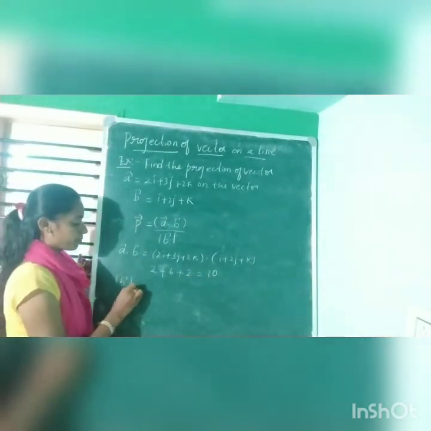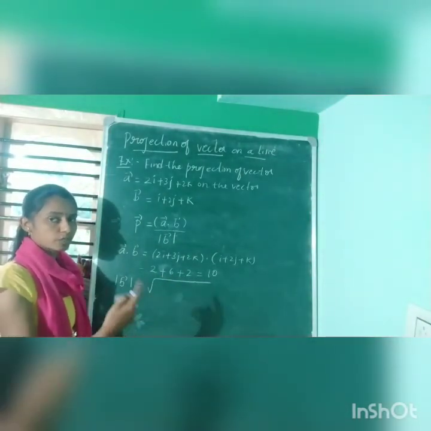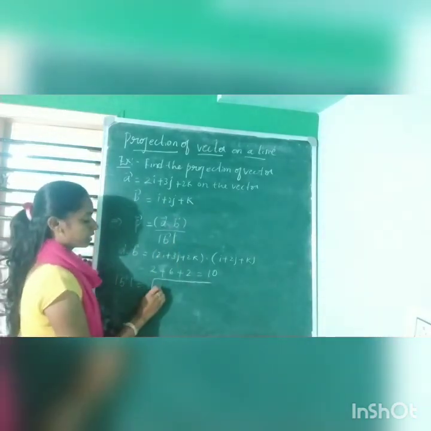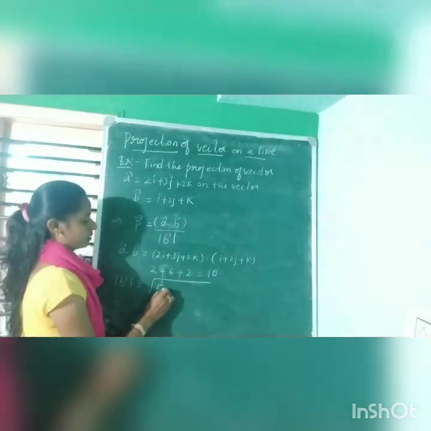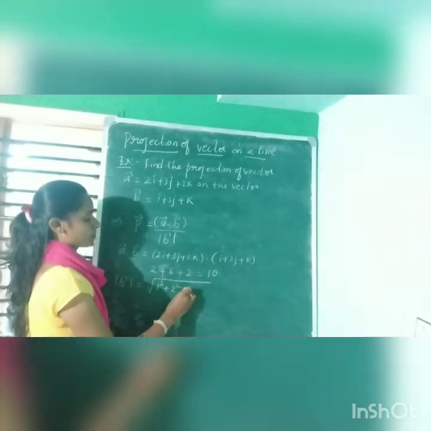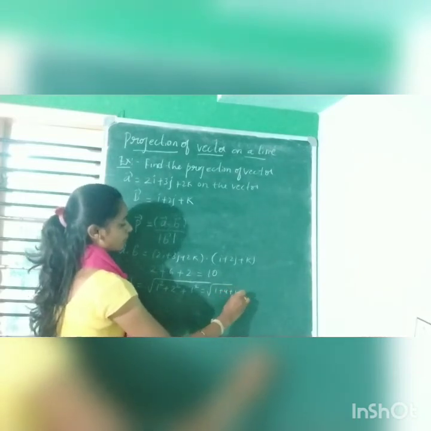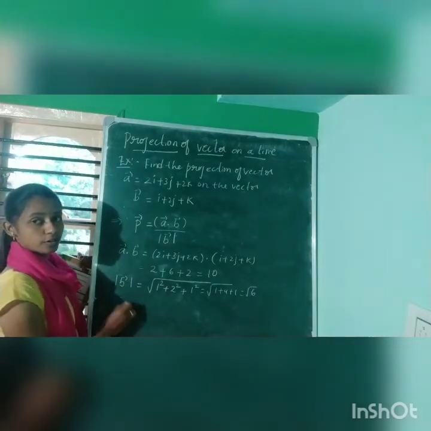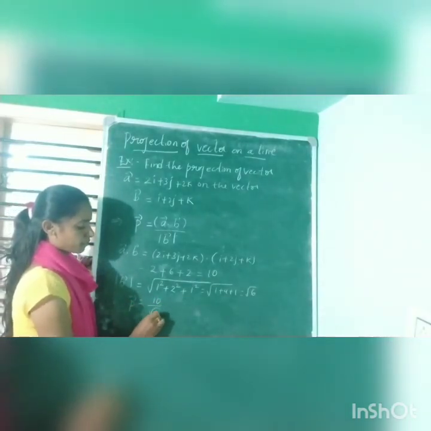Next the magnitude of B is the square root of the sum of squares of the coefficients of the i, j, k components of B. So B is this, x is 1 square, x is nothing but the coefficient of i, plus j is 2 square, plus k is 1 square, and this is 1 plus 4 plus 1, which is root 6. So now we can write this as, therefore, projection of a vector is 10 divided by root 6.